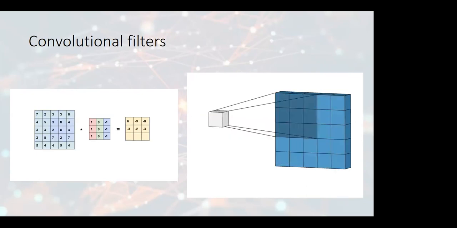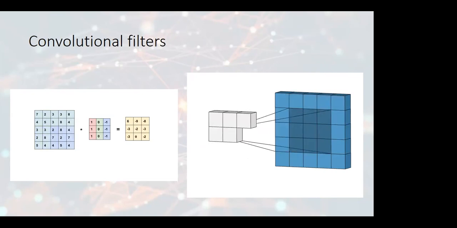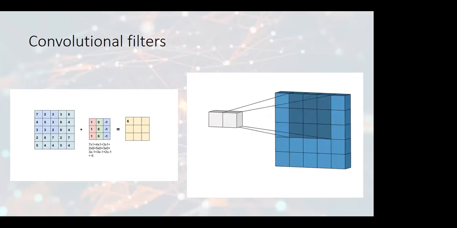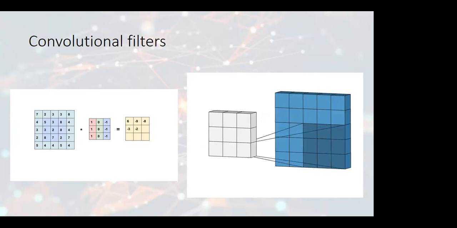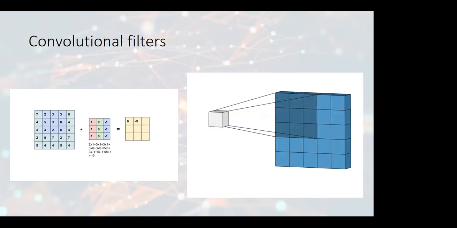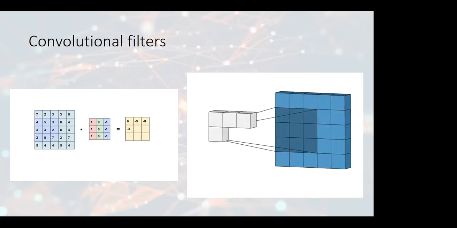This process of taking the dot product between the filter and the input is called a convolution. There are a couple of things to note. The weights in the filter are learned by using backpropagation, very similar to how we did it in artificial neural networks. There we learned the weights of the connections, but in convolutional neural networks, we are essentially learning the weights of the filters.